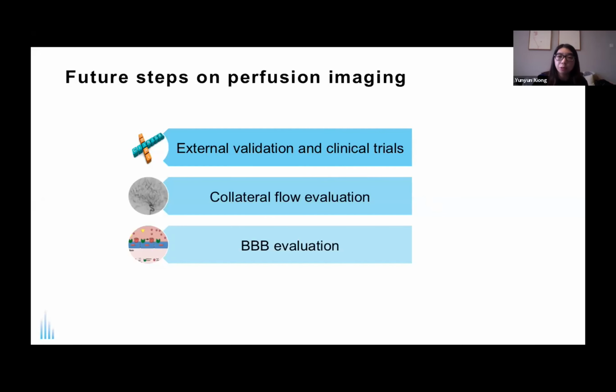It's the TRACE-3 trial. We will investigate the efficacy and safety of TNK versus placebo in patients in the late time window in China. For this software, we will also evaluate the collateral flow and the blood-brain barrier dysfunction in the future. These two functions are very important for the patients' clinical outcomes.